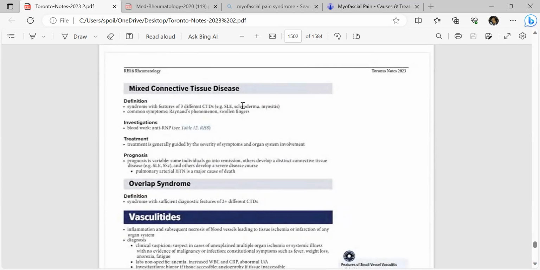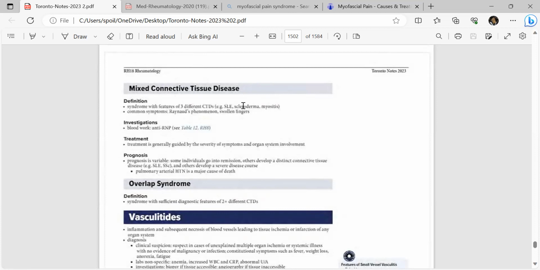Some individuals go into remission, others may develop a distinct connective tissue disease, that is SLE or systemic sclerosis, and others develop a severe disease course.